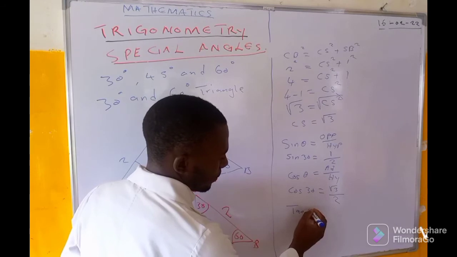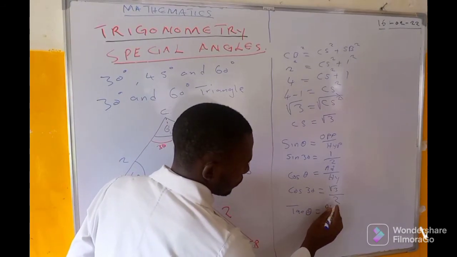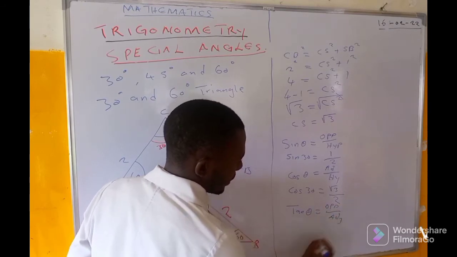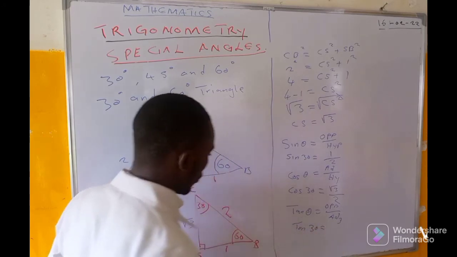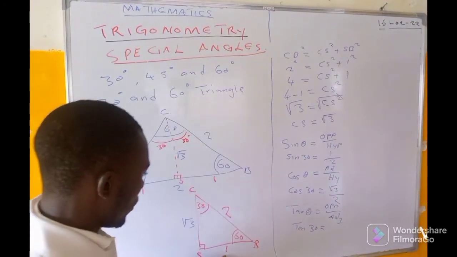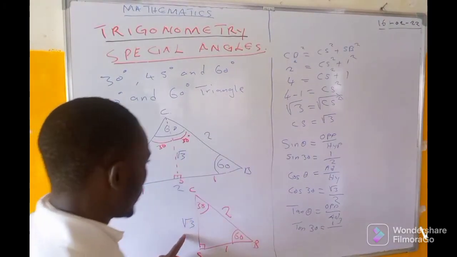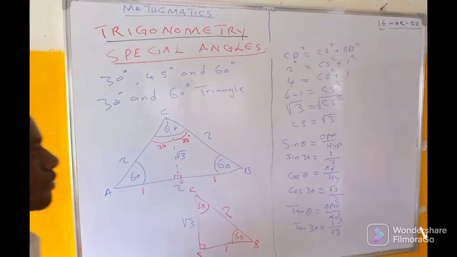Tan theta is equal to opposite over adjacent. So tan 30 is equal to, what is the opposite? The opposite is 1 over, what is the adjacent? Adjacent is the square root of 3.